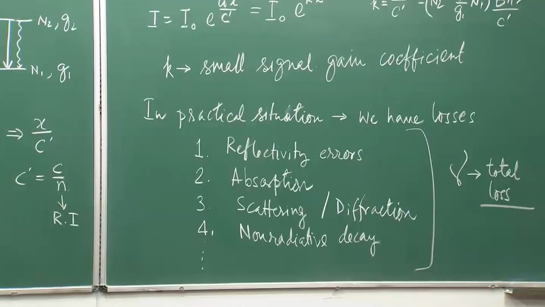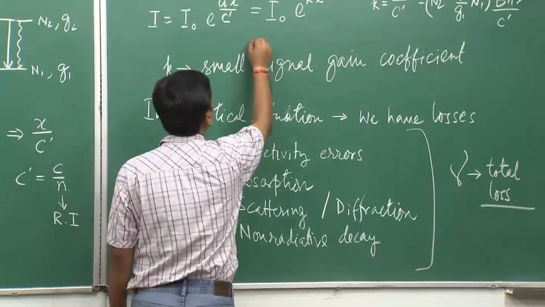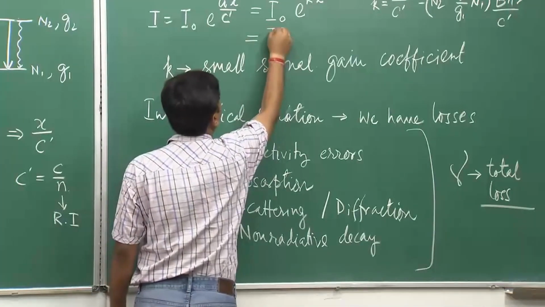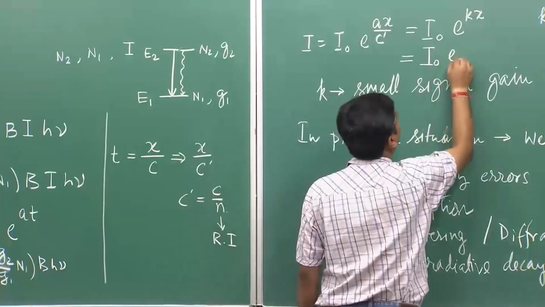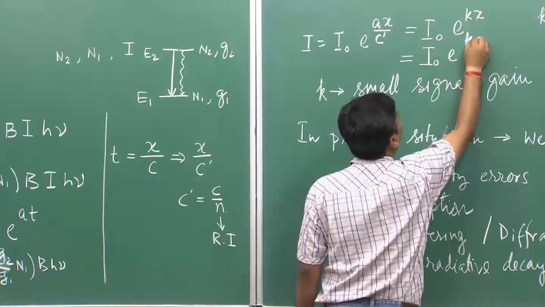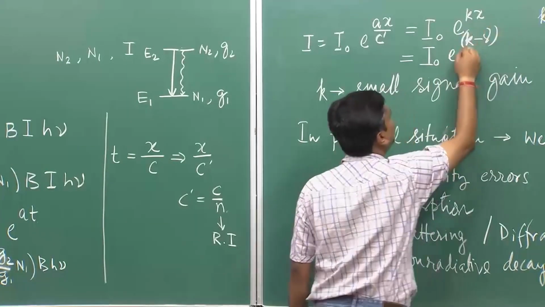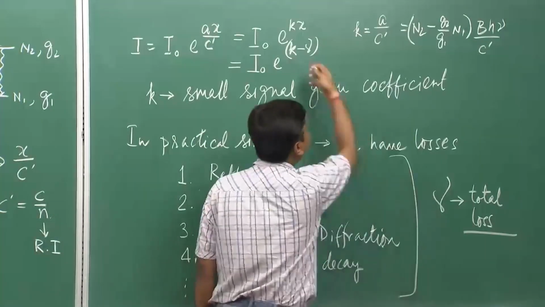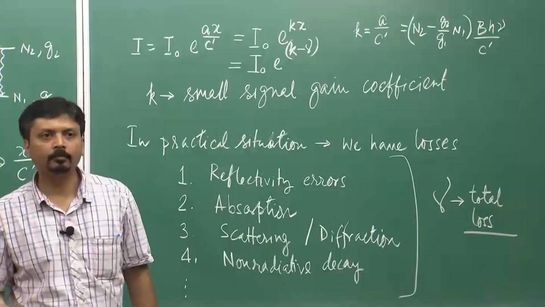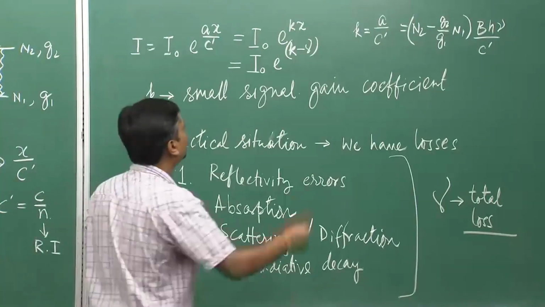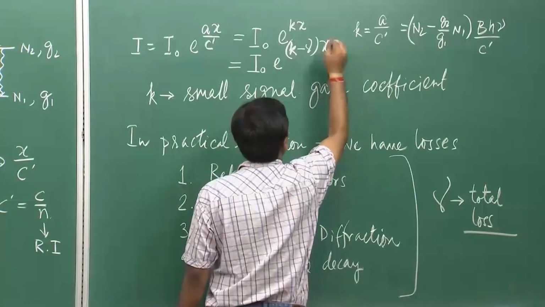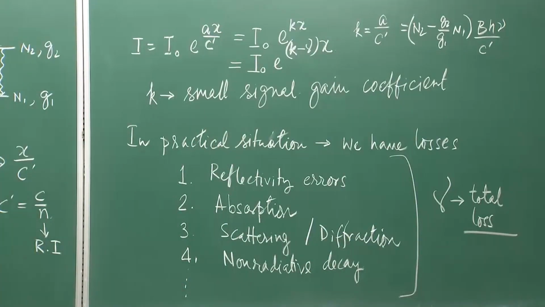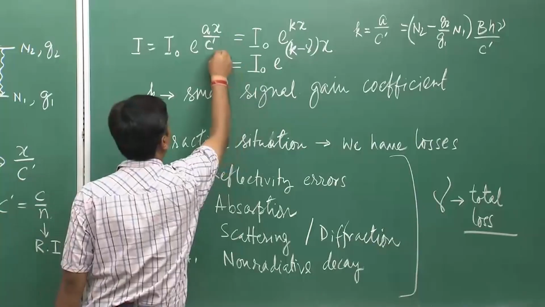I should modify this as I0 into e to the power (k minus gamma)x. Why? Because k is my gain coefficient, so the losses will take out an amount from my gain, correct. So, this is what I will get. So, I equals this.